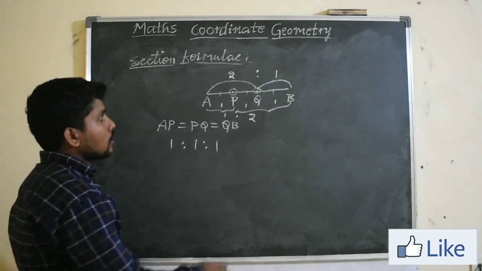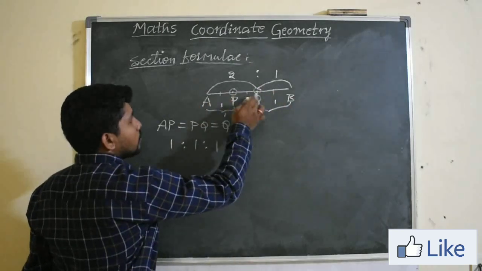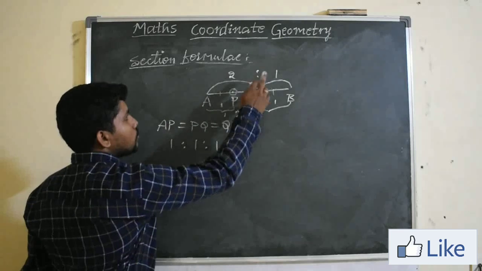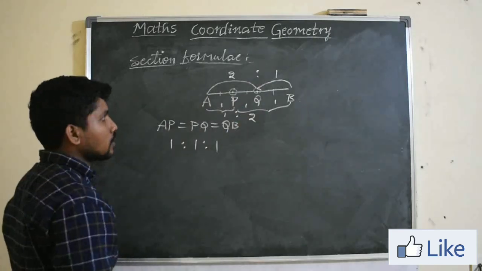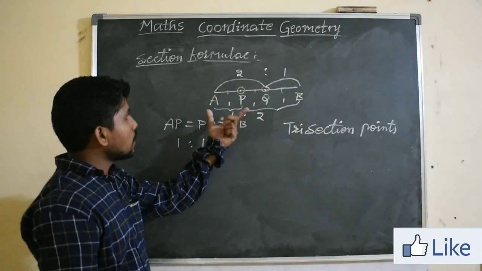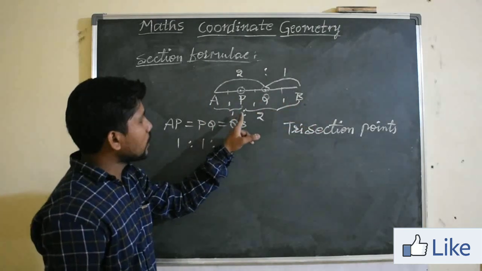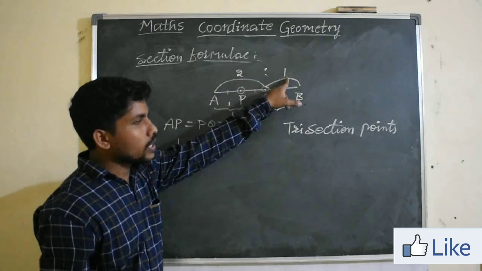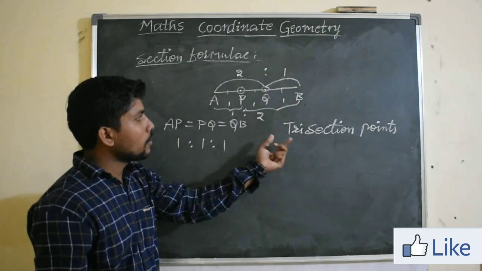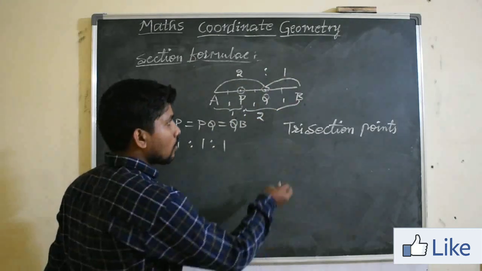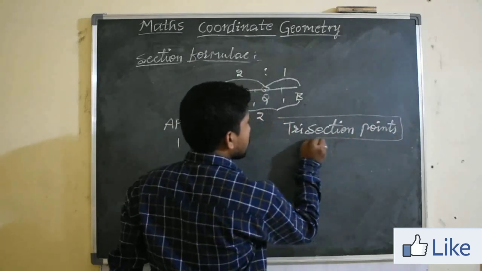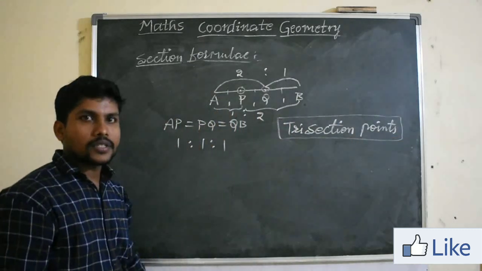So the ratio in which line segment AB is divided by the point Q is 2 is to 1. The points which are dividing the line segment joining AB in the ratio 1 is to 2 or 2 is to 1, those points are called trisection points or points of trisection.